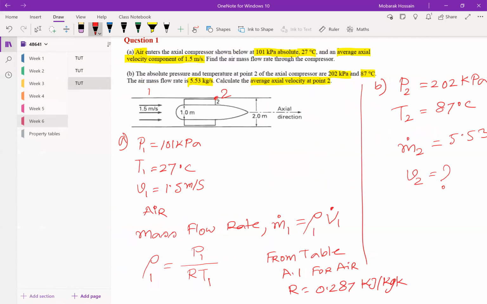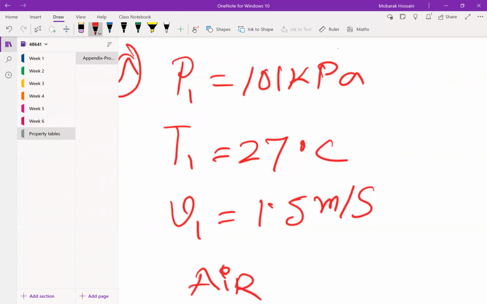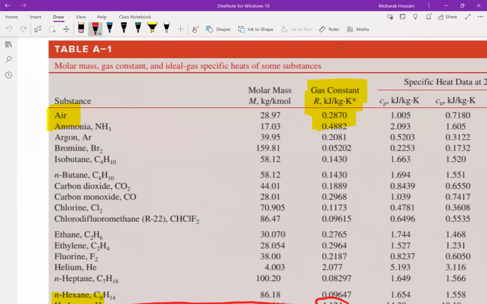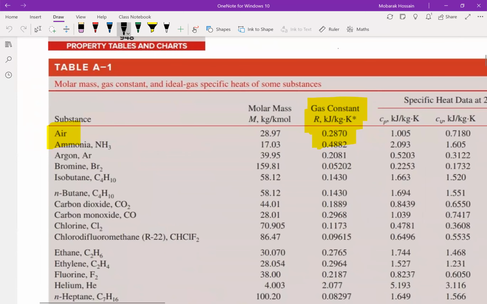We find this many times, so let me show you the property tables. Here are the property tables, and in A1 the substance is air. We are looking for the gas constant R, and it is 0.287.